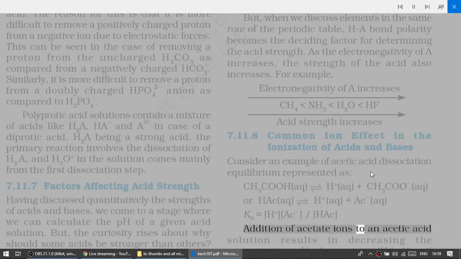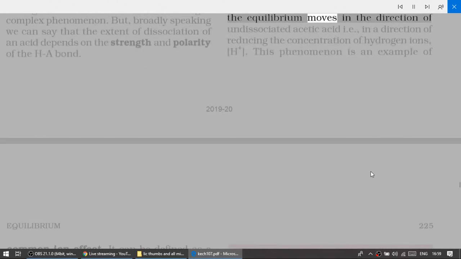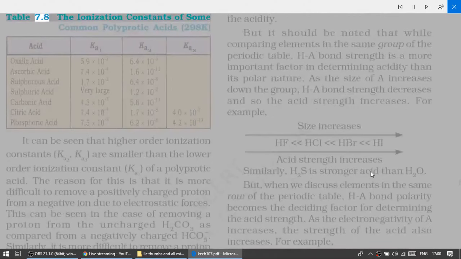Addition of acetate ions to an acetic acid solution results in decreasing the concentration of hydrogen ions, H⁺. Also, if H⁺ ions are added from an external source, then the equilibrium moves in the direction of undissociated acetic acid, i.e., in a direction of reducing the concentration of hydrogen ions. This phenomenon is an example of the common ion effect.